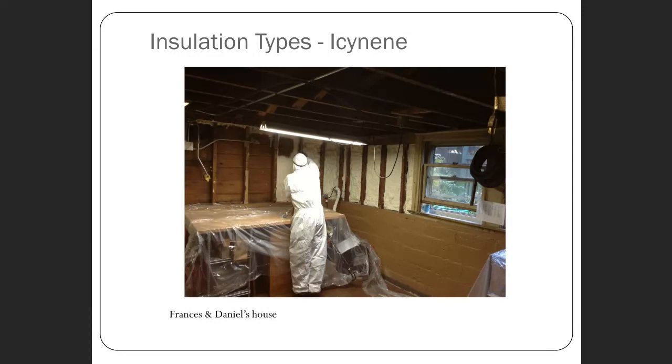Here's, again, back in our house, we had these guys come in and do the insulation in part of our basement. So this is a basement workroom where this person here is blowing foamed in place insulation in these irregularly shaped stud walls in our basement.